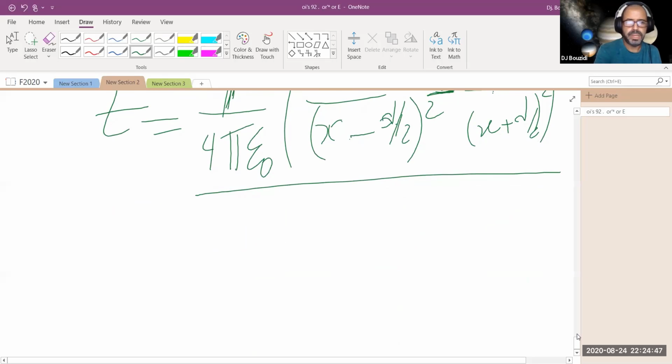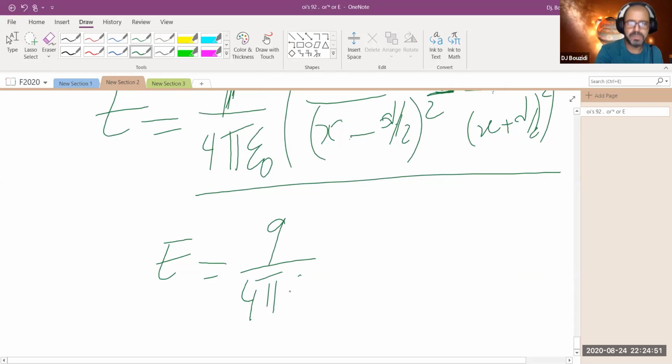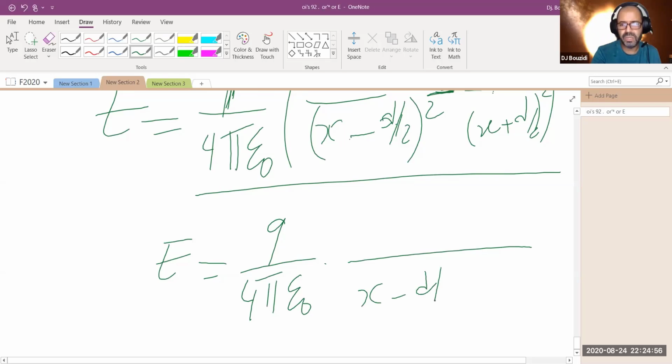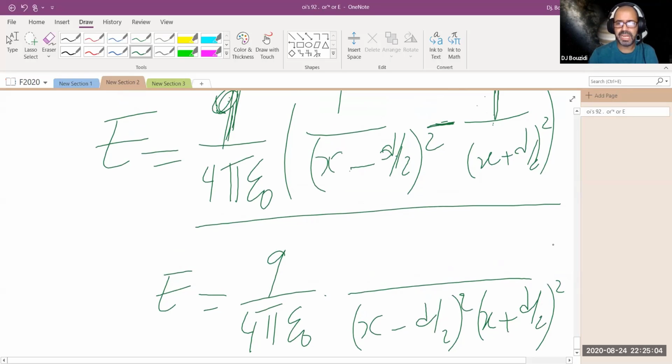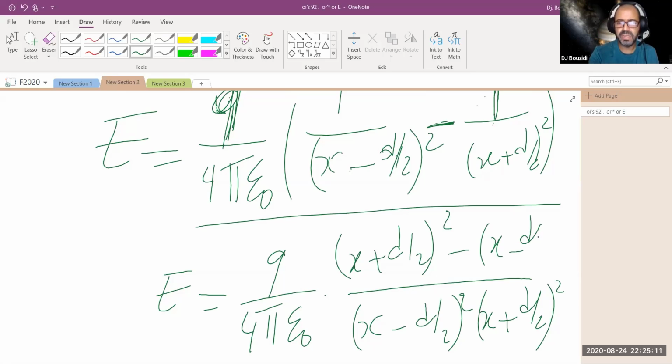So the electric field now is Q over 4 pi epsilon naught. The common denominator is x minus d over 2 squared times x plus d over 2 squared. The numerator will have x plus d over 2 squared minus x minus d over 2 squared.